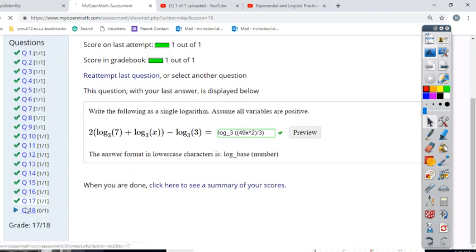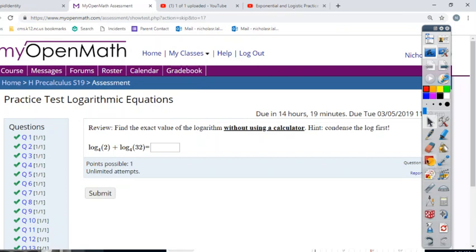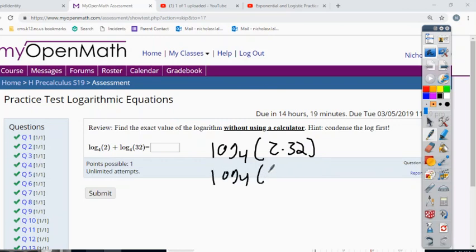All right, question 18. Log base 4 of 2 plus the log base 4 of 32. This is equal to the log base 4 of 2 times 32, which is equal to the log base 4 of 64. All right, so 4 to the what power equals 64?